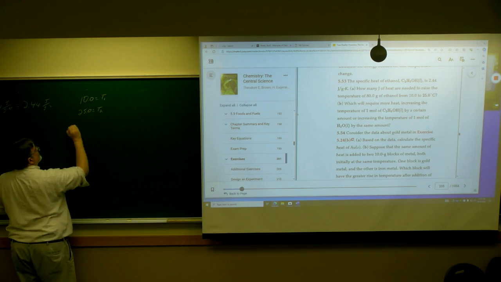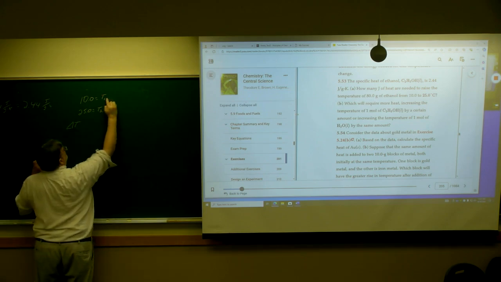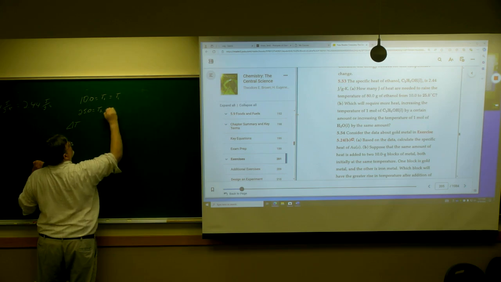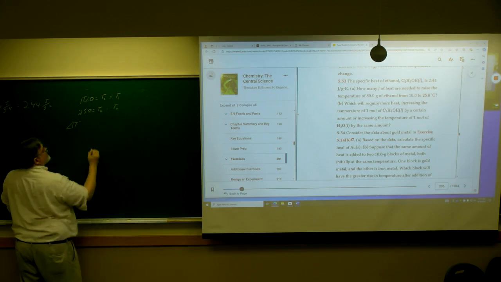All right, so your delta T, or you could call this initial and final. Sometimes you see TI, TF, but it's always final minus initial.